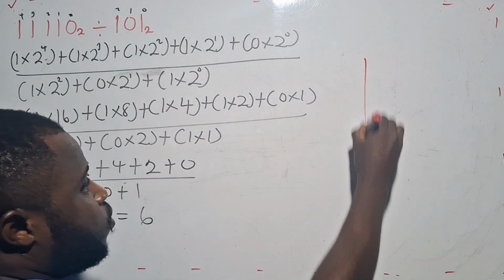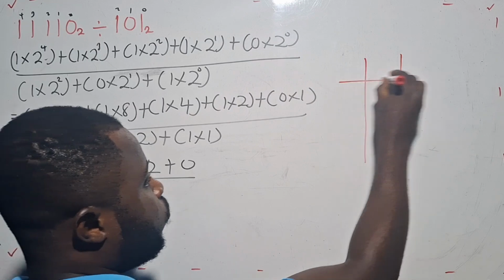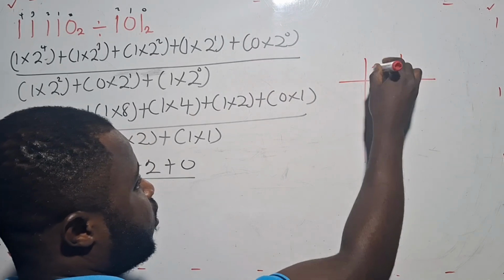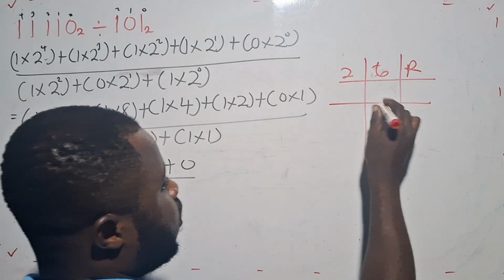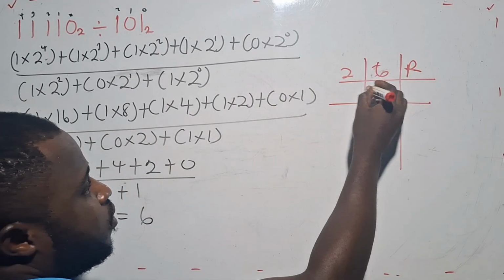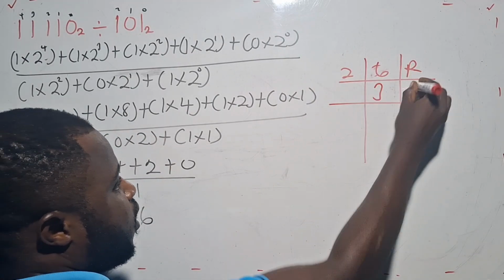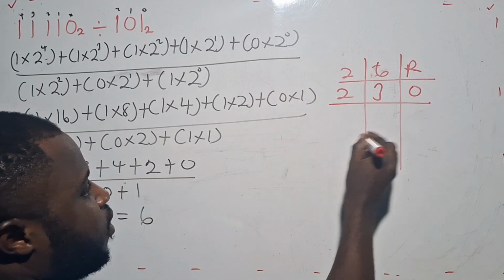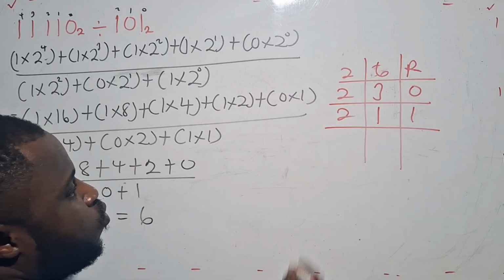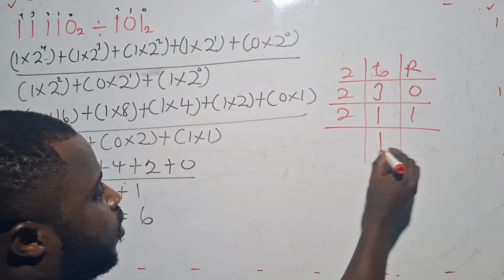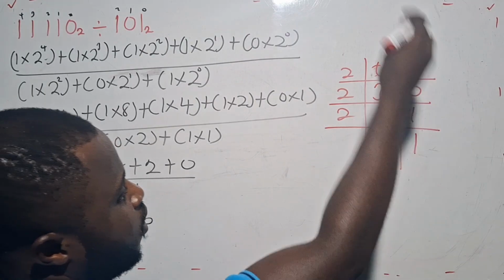So we come to the table here. We have our 6, then the base here, then the remainders are going to be here. Now 2 can divide 6 how many times? 3, remainder 0. 2 can divide 3 once, remainder 1. Then 2 cannot divide 1, so you bring it down and repeat it as a remainder here.